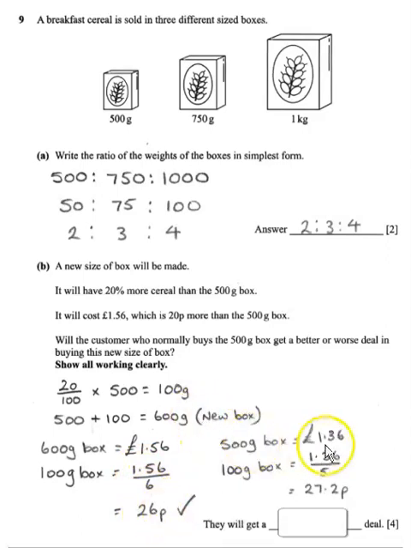Then we can look at the 500 gram box. We can divide that by 5 on both sides. So basically 500 divided by 5 is 100, 136 divided by 5 is 27.2 pence. You can compare that 26 pence is the cheapest, so they will get a better deal if it's a 600 gram box.